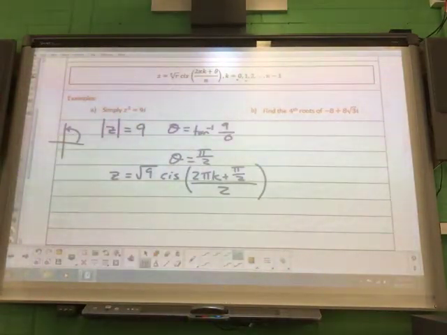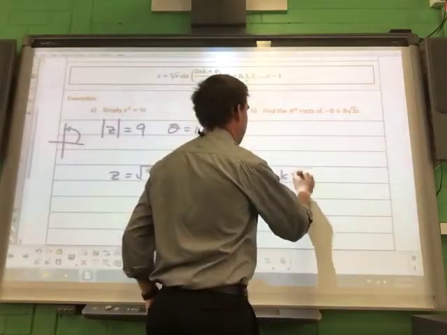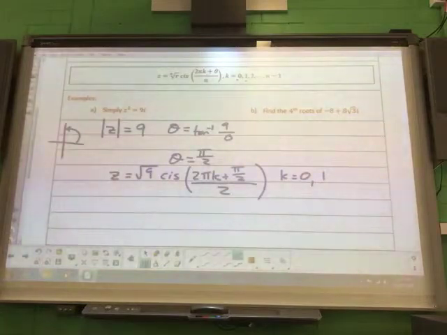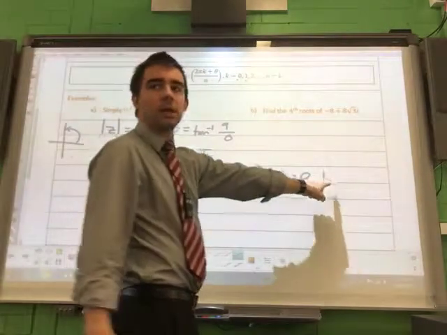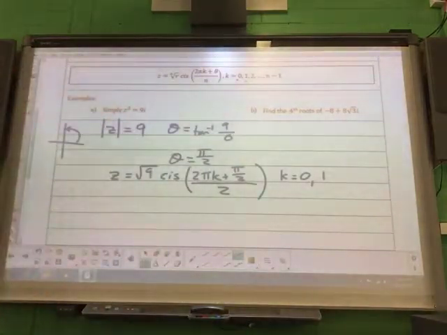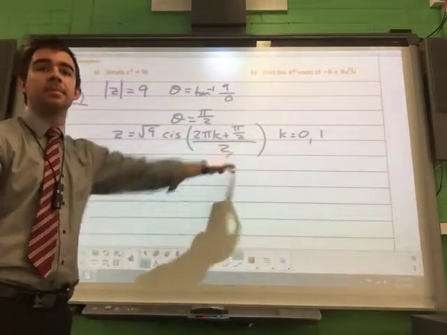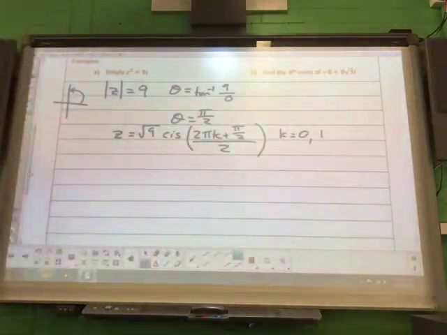This formula will work when k is 0 and 1. We've got two solutions, up to n take away 1, 2 take away 1, and we're finding the square root, so two solutions. All we need to do now is substitute the value for k in here and tidy up that expression.